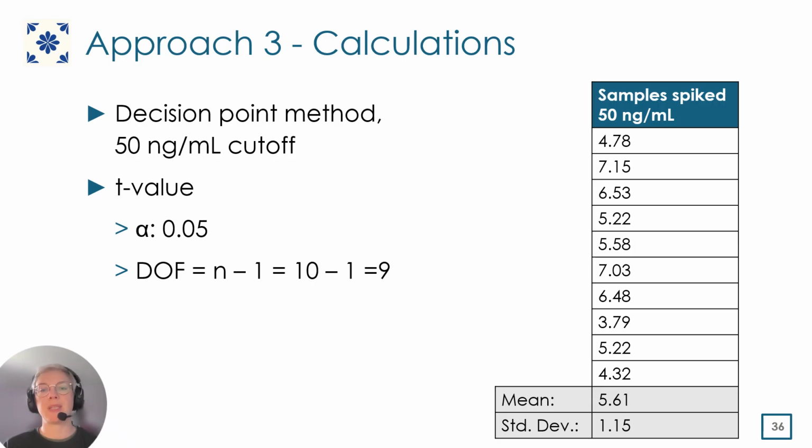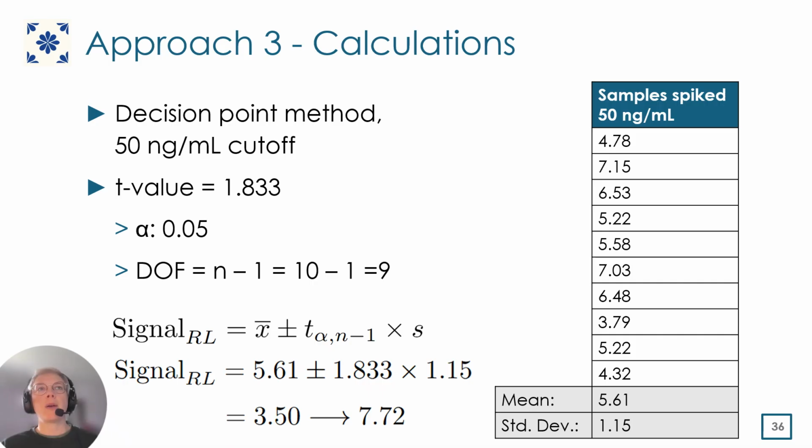So degrees of freedom is 10 minus 1 equals 9, meaning if I go into the different tables or use the software to give me this value, the associated value with this alpha and this degrees of freedom is 1.833. Okay. So if I do the calculation, my unreliability zone runs from 3.5 to 7.72 in signal units.